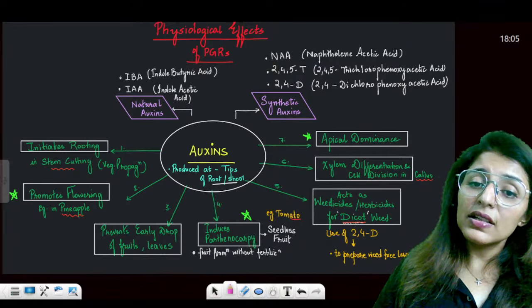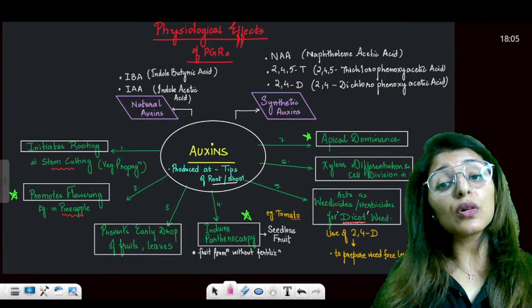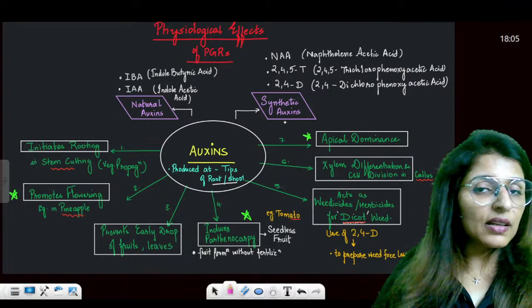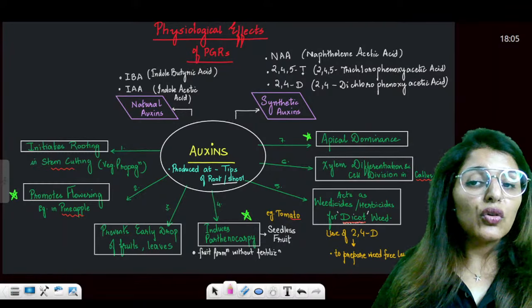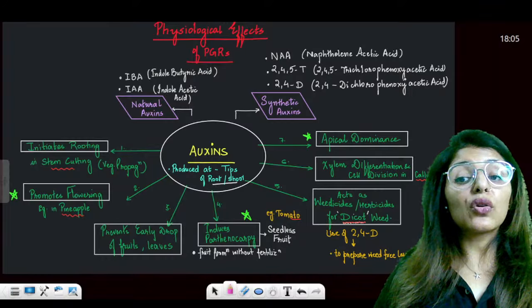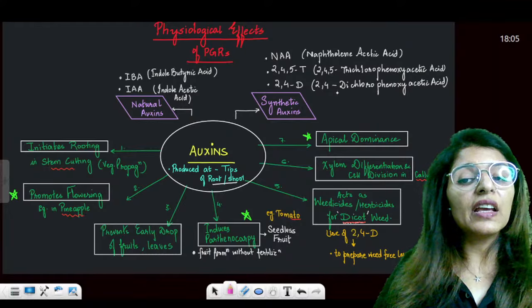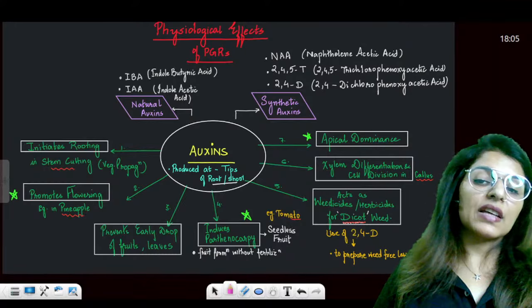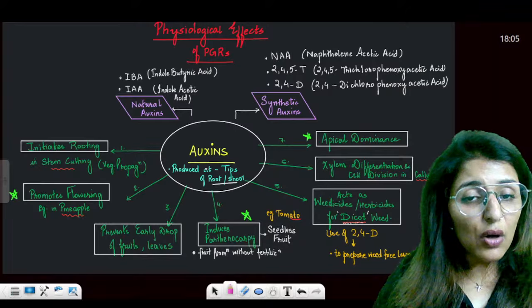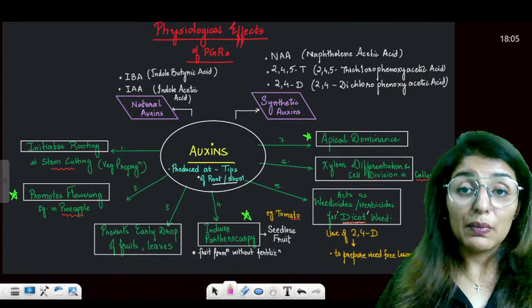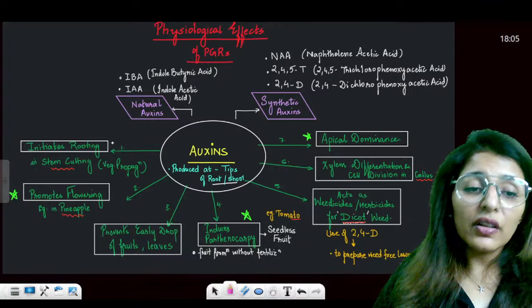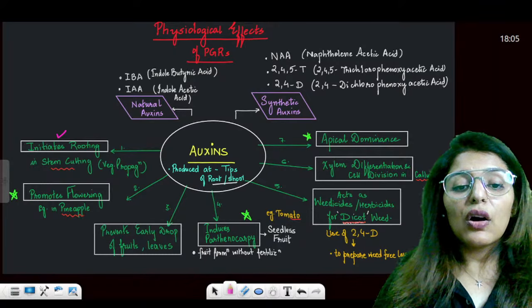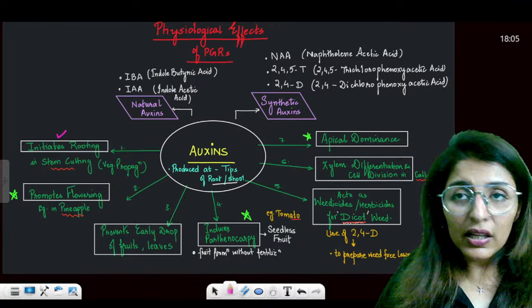There are also some chemicals which act like auxins, known as synthetic auxins: naphthalene acetic acid (NAA), 2,4,5-T (2,4,5-trichlorophenoxyacetic acid), and 2,4-D (2,4-dichlorophenoxyacetic acid). These auxins are always produced at the tip of the shoot and the tip of the root. Now, what are the functions? First of all, auxins are known to initiate rooting in stem cuttings.